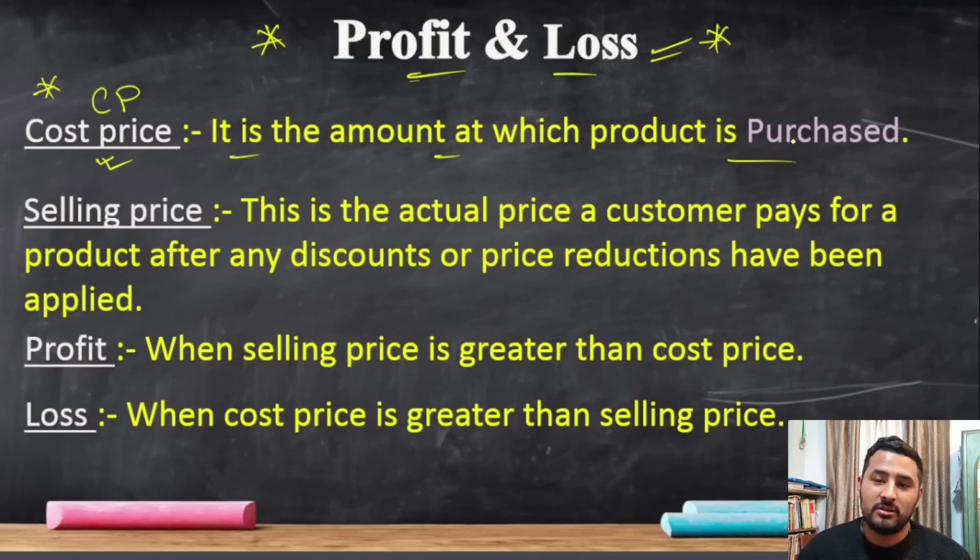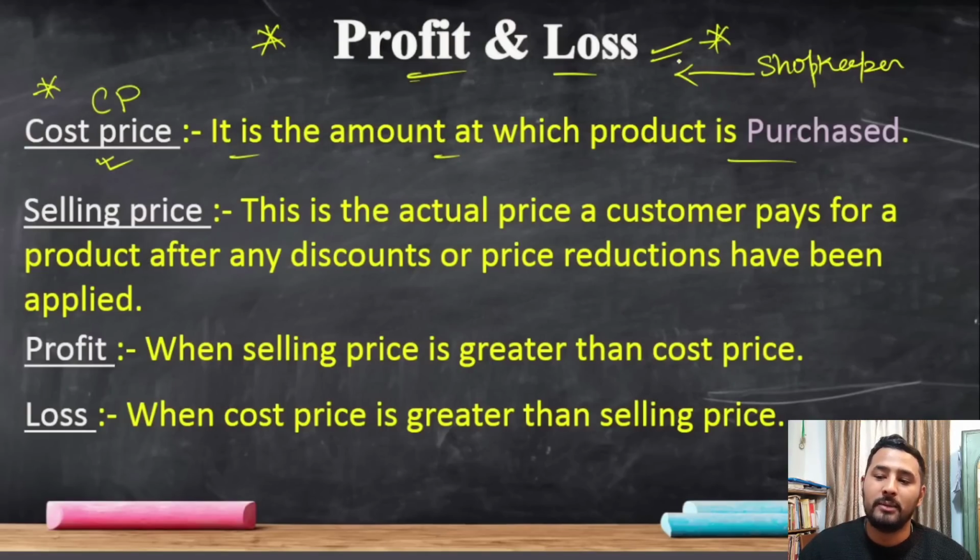Now you have to imagine yourself as a shopkeeper, and you have to sell some different items. Just say you are to sell this lollipop. So what you will do, at first you will purchase it for yourself, right?